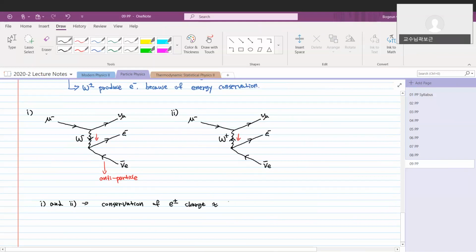And also it is the same as conservation of lepton number.